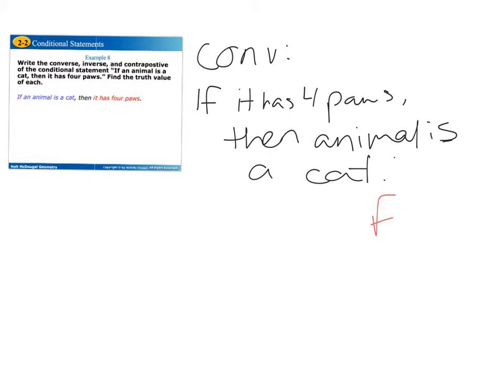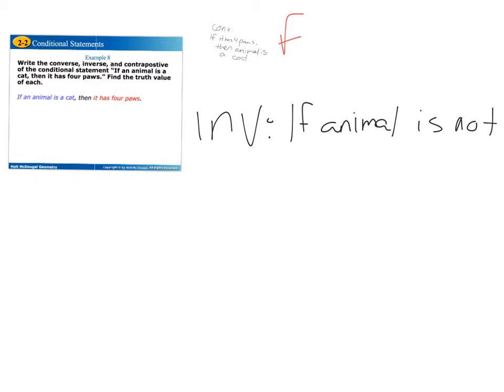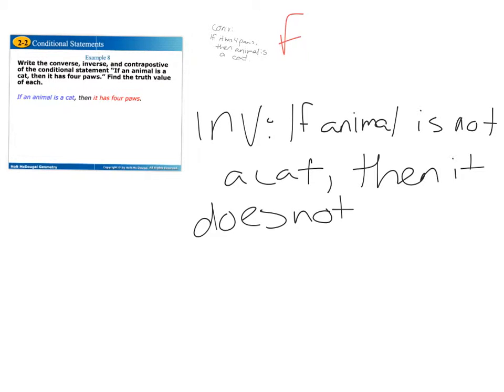Now we have the inverse. For the inverse, I don't switch them, I just make them negative. So I say, if an animal is not a cat, then it does not have 4 paws.